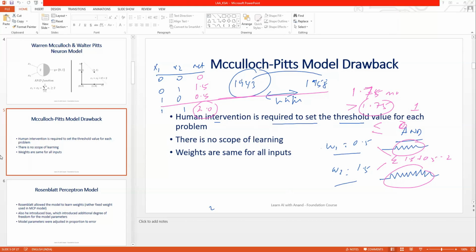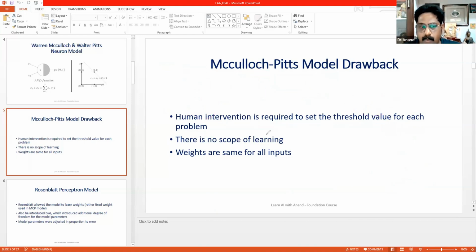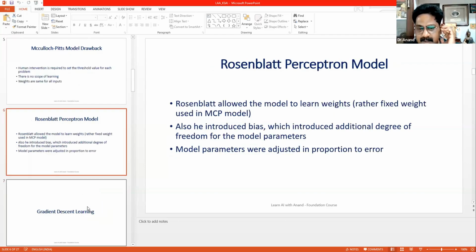So first I will demonstrate this with a simple Python code. Then we'll come back and understand what Rosenblatt proposed. Rosenblatt came nearly 15 years later: 1943, and this happened in 1958. Rosenblatt allowed the model to learn weights.